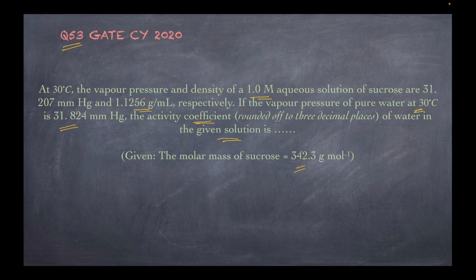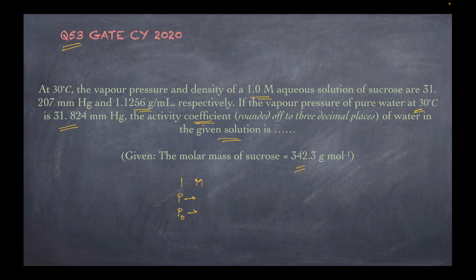Now, we have a sucrose solution, the molarity of our solution is 1 molar, and the vapor pressure of the solution P and the vapor pressure of the pure solvent, that means water, P0 is also given. Density is given. Now we have to find the activity coefficient.